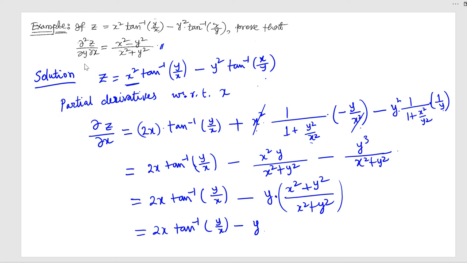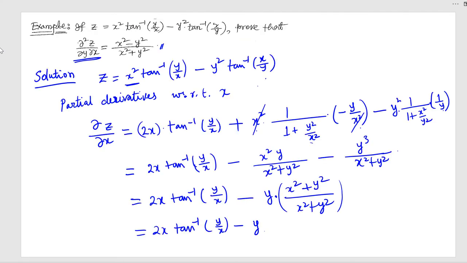Now again, partial derivative with respect to, not x again, now partial derivative with respect to y, because we have to find out this one.